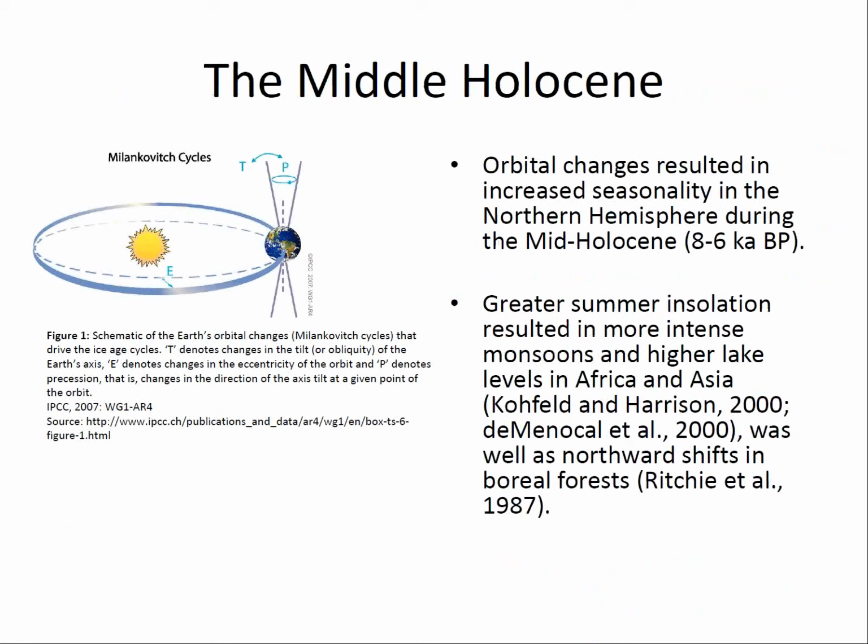The mid-Holocene is because of changes in the precession of the Earth, so there's a change in seasonality due to that. I'm not going to focus too much on this one because, at least in the model, it is very similar to the present day.